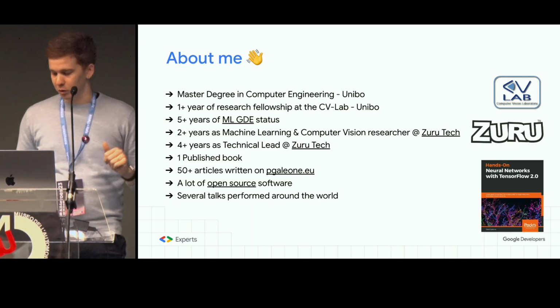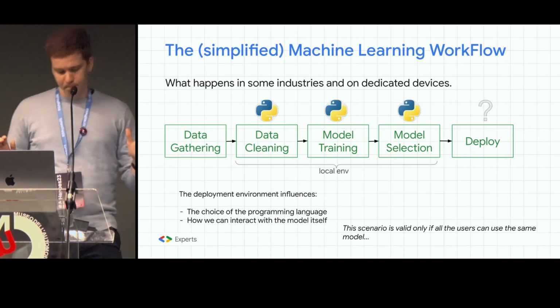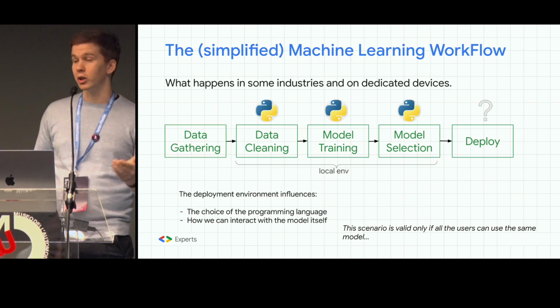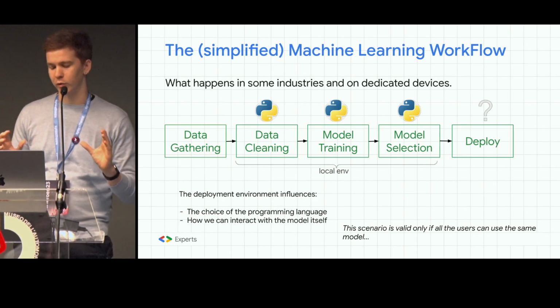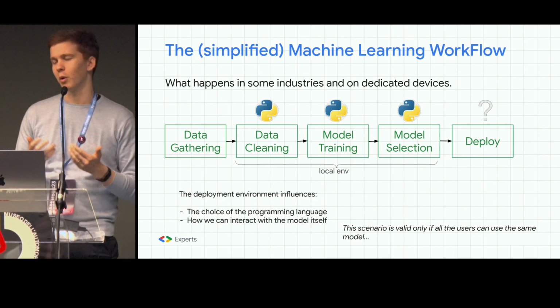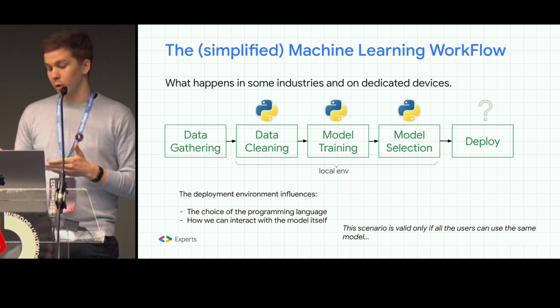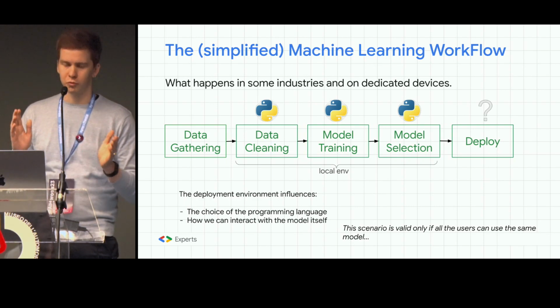So let's go straight to the point of today's topic. I want to show you this simplified machine learning workflow. It is a very schematic way to represent what happens in practice when you train and deploy a model. You need to get the data, clean the data, and train the model.